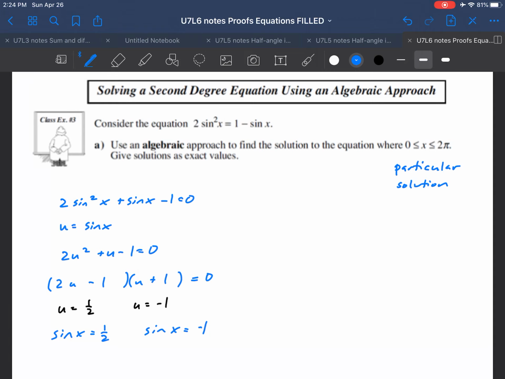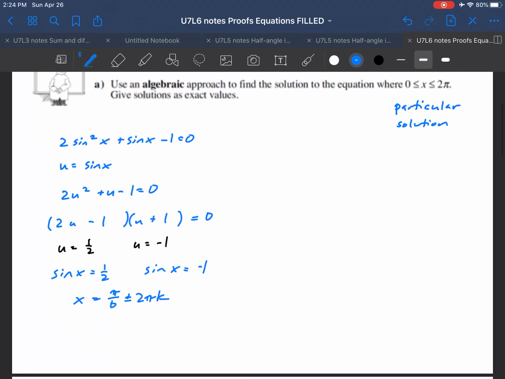Okay, and again, this is unit circle stuff, so we should know these values. We're in radians, so in this first equation, sine x equals a half. That means x is either pi over 6 plus or minus 2 pi k, or x is 5 pi over 6 plus or minus 2 pi k.